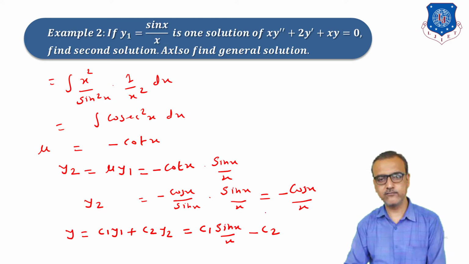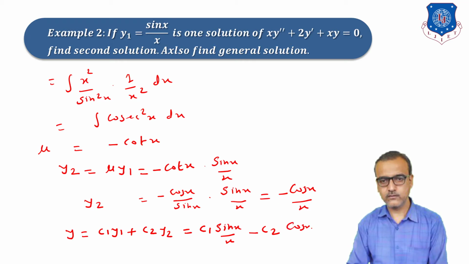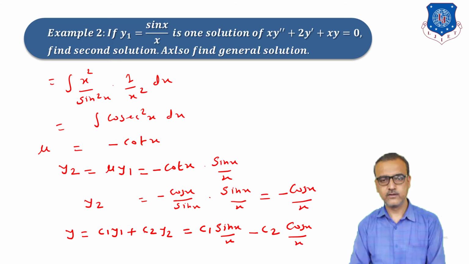Multiplying the plus sign by the minus sign gives minus, so we have minus c2 cos x over x. So the required general solution y is C1 sin x over x minus C2 cos x over x.